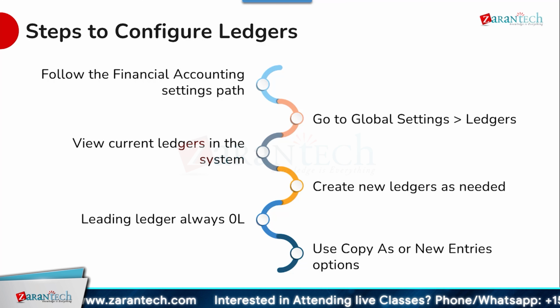For example, if you need to create a ledger for a new department, simply copy an existing one and modify the details as required. By following the above steps, you'll have a well-structured ledger system that supports your financial operations.